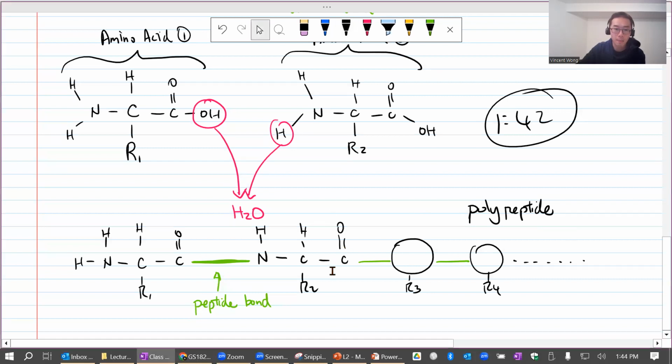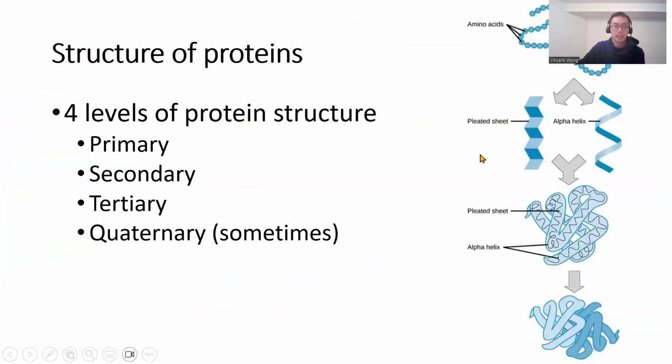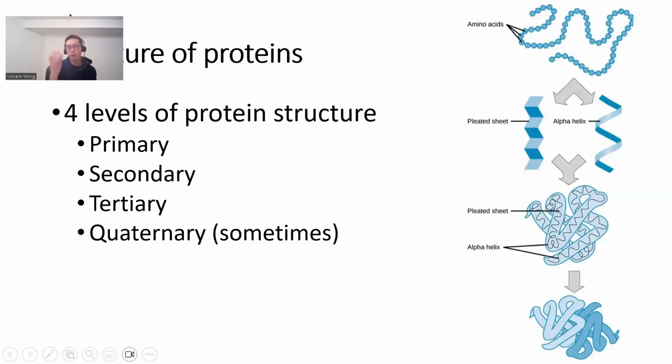So that's the peptide bond, and that's how amino acids are going to be connected together. Now we are gonna talk about the shape of the protein, the structure of the protein, okay? And there are 4 levels of protein structure.